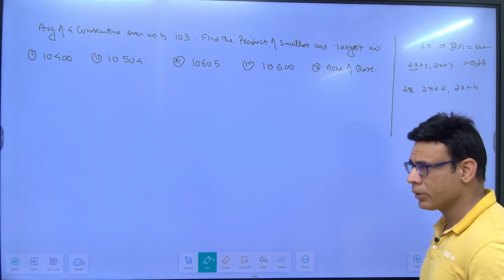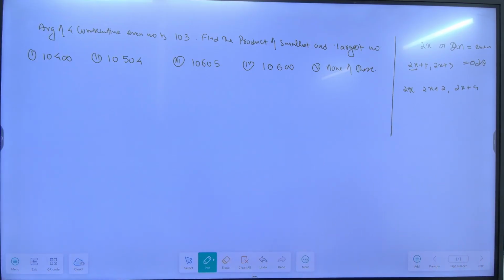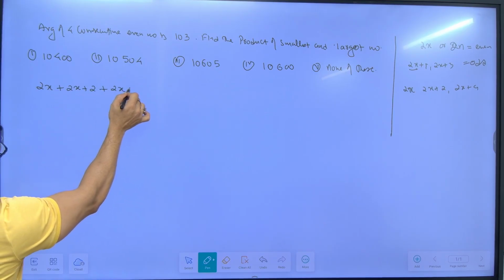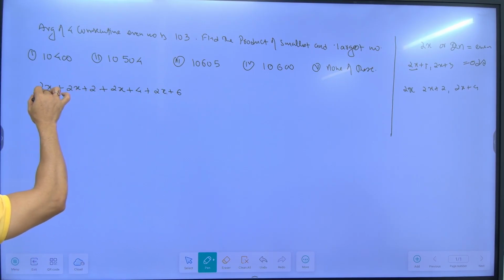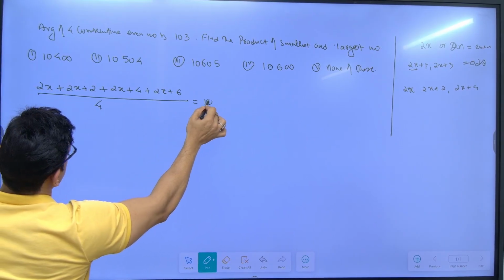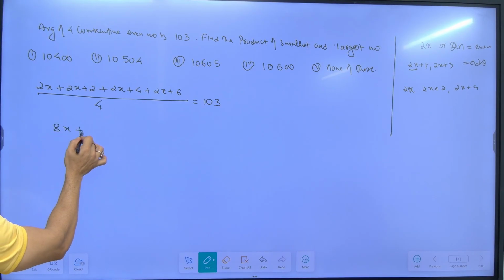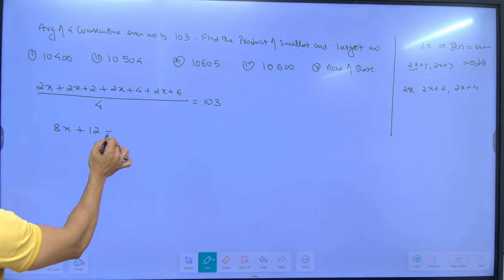Want to solve this question by forming the equation? Let's see how to do it. Let's say the first number is 2x. The next numbers are 2x plus 2, 2x plus 4, 2x plus 6. Consecutive means in continuation. Divided by 4 is 103. 2x four times gives 8x, and 6 plus 4 plus 2 is 12.